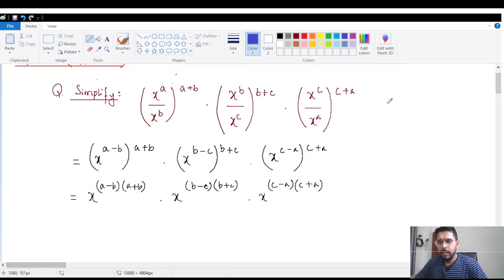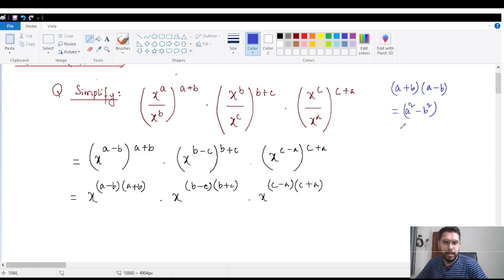Now, I'm pretty sure you might have heard about this formula, and if you have not, please note it. It says (a plus b) times (a minus b) gives you a square minus b square. If you are not getting how this formula comes, simply multiply these two and you will end up getting this.